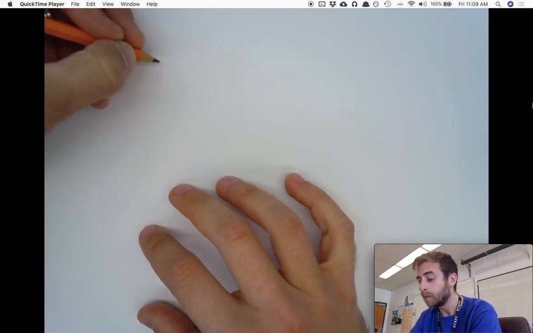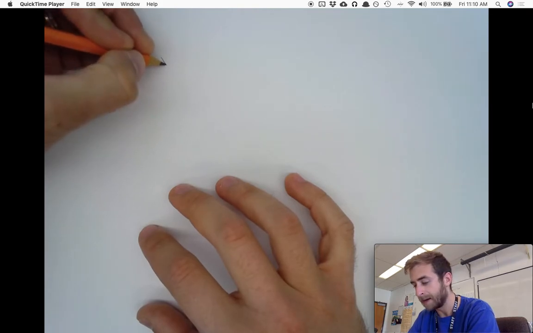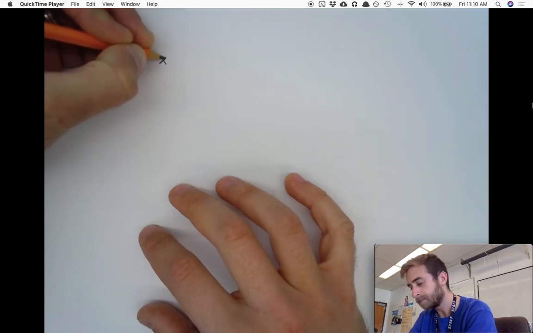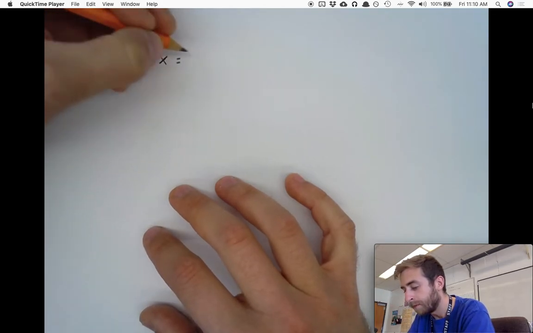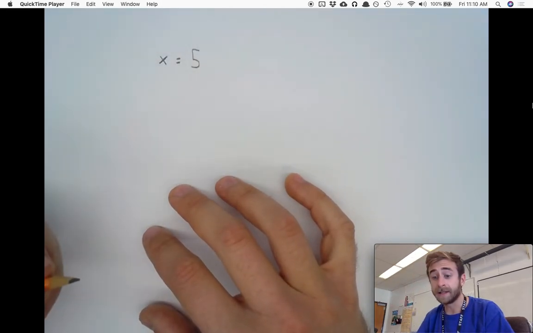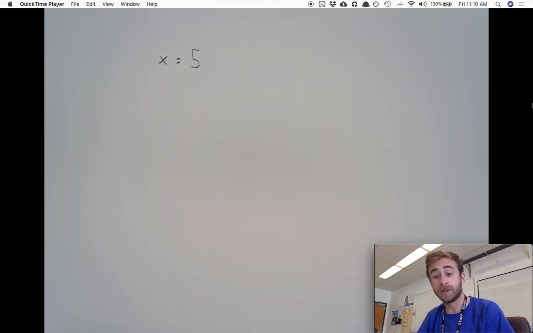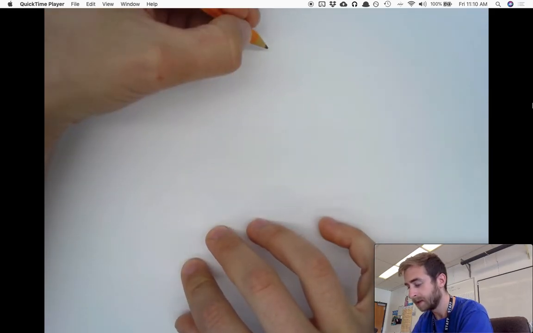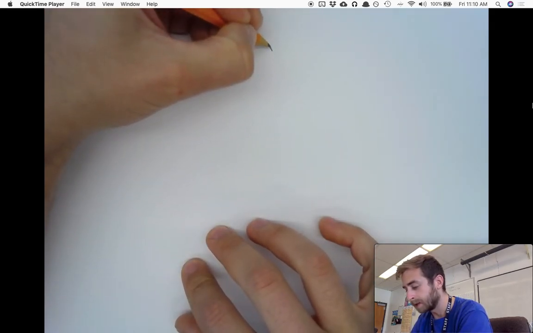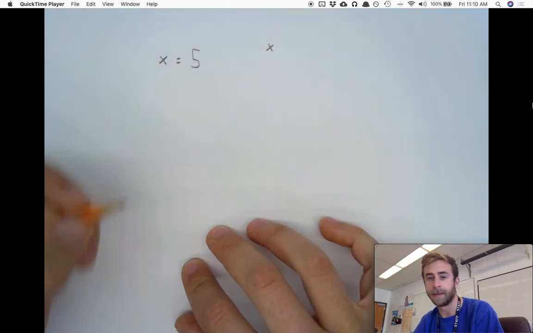I feel like we should be pretty confident in saying, hey, if I write a program that says x equals 5, what that does is somewhere in the computer, somewhere hidden inside, it's going to create a place on some memory card somewhere.